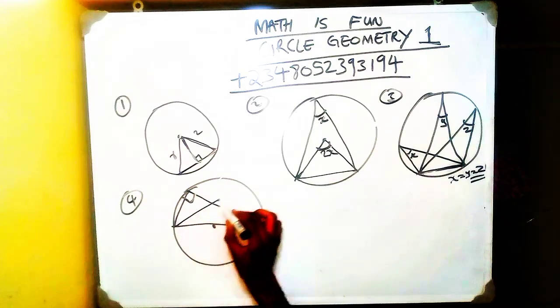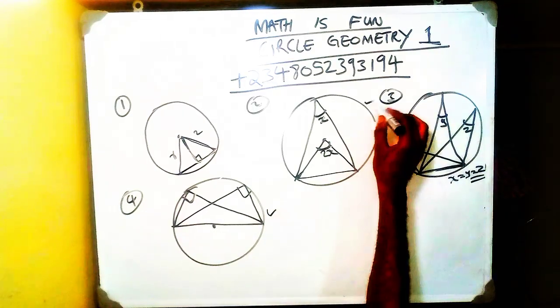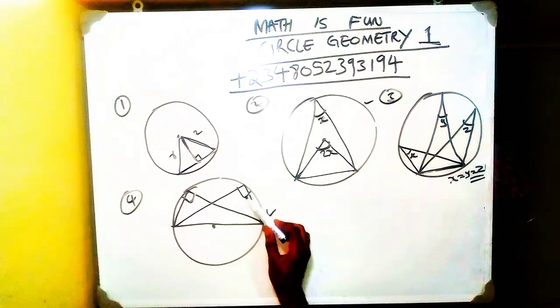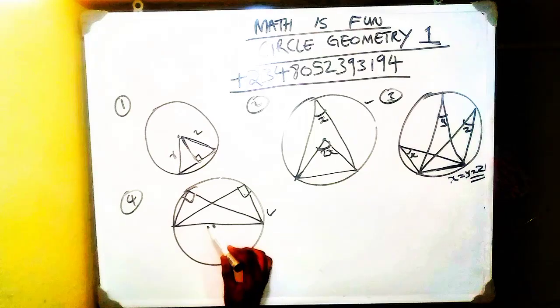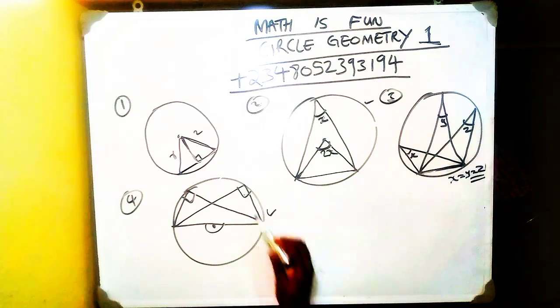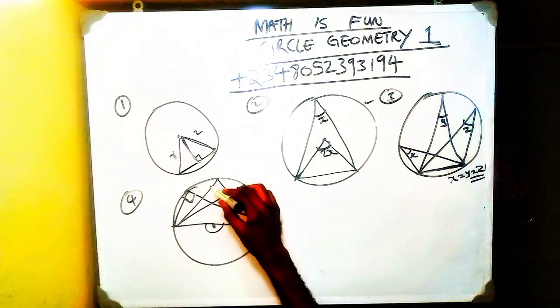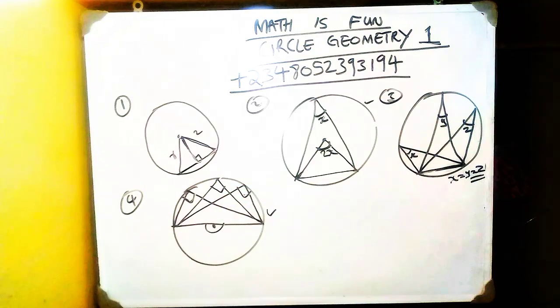Take note, it can be at any point, but the angle formed is going to be 90 degrees. This law is still in line with the previous law, because if here is 90 degrees, then 90 times 2 gives us 180 at the center. That means if the line at the center is straight, a diameter, the angle formed at the circumference is going to be 90 degrees. I'm doing my best to meet up with time and not exceed.